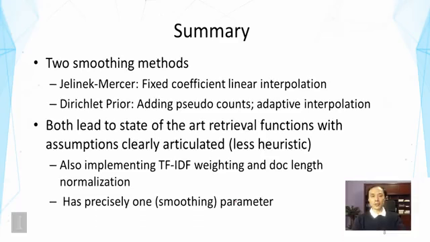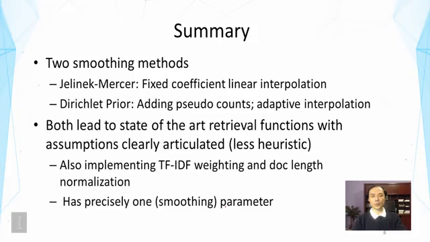So to summarize this part, we've talked about the two smoothing methods. Jelinek-Mercer, which is doing fixed coefficient linear interpolation. Dirichlet prior, this is to add pseudo counts to every word. And it's doing adaptive interpolation in that the coefficient would be larger for shorter documents. In both cases, we can see by using these smoothing methods, we would be able to reach a retrieval function where the assumptions are clearly articulated.